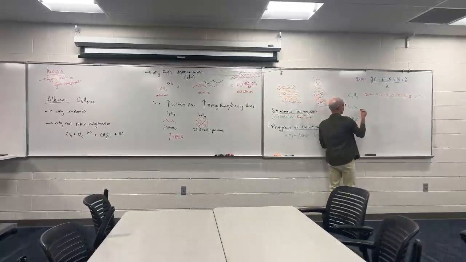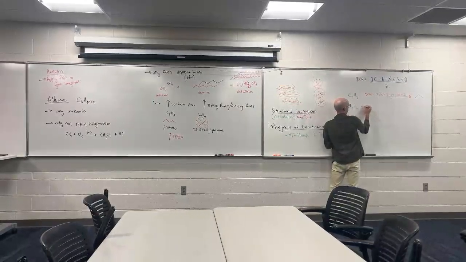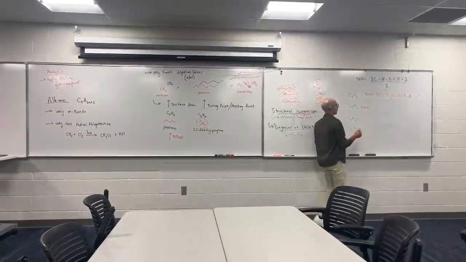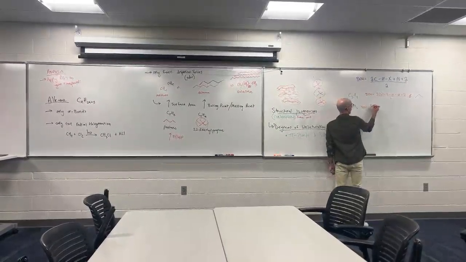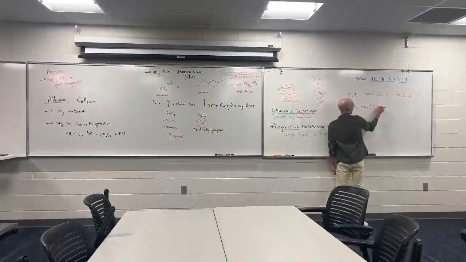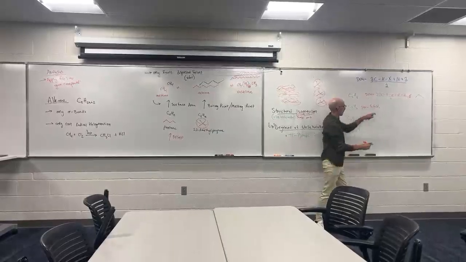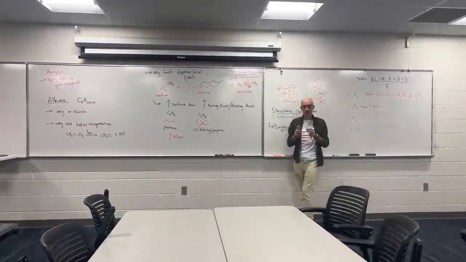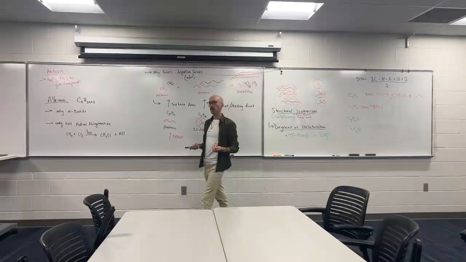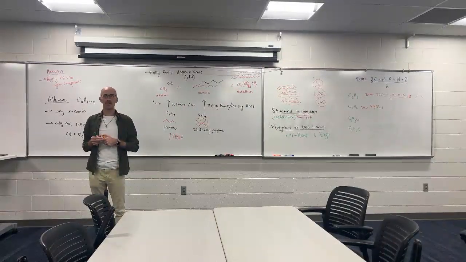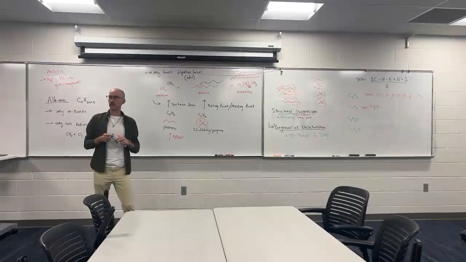C3H6. When you plug this in, you get 6 minus 6 plus 2, divided by 2. That's just 2 divided by 2, 1. How many ways can you fit 1 degree of unsaturation into this compound?